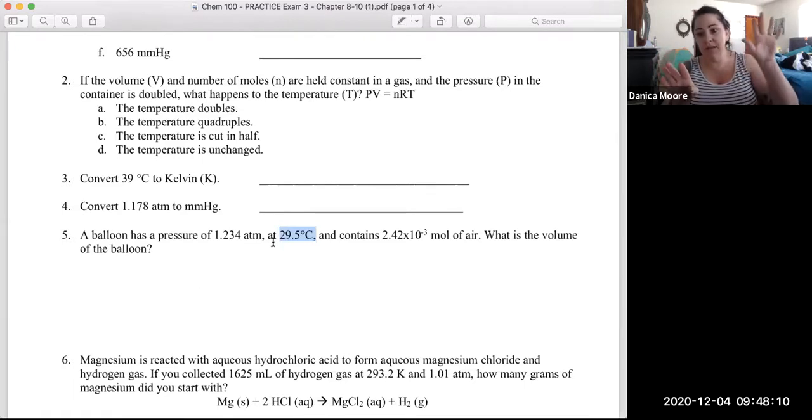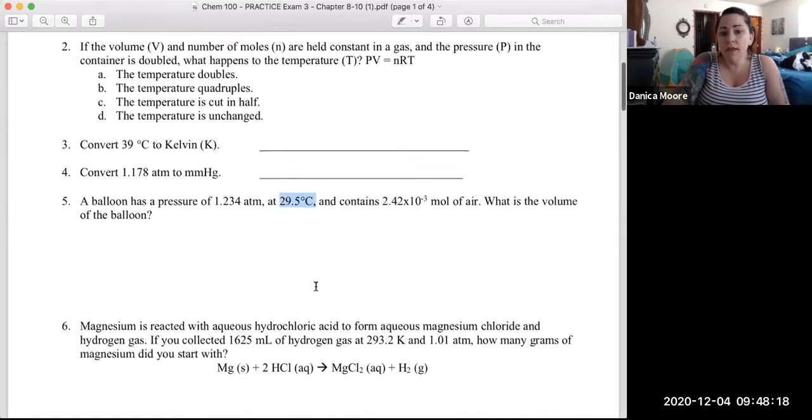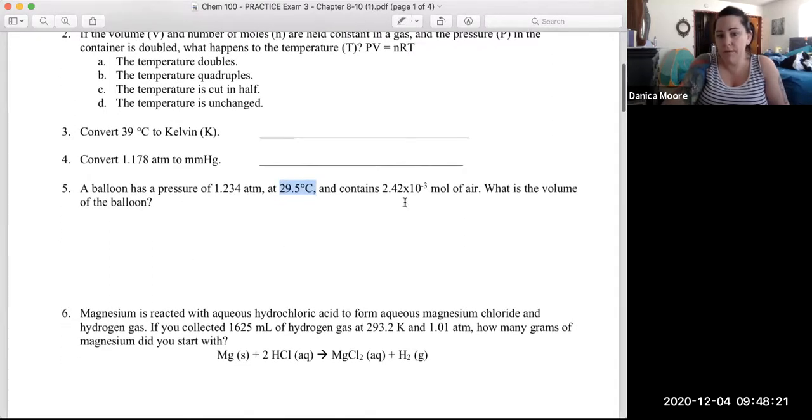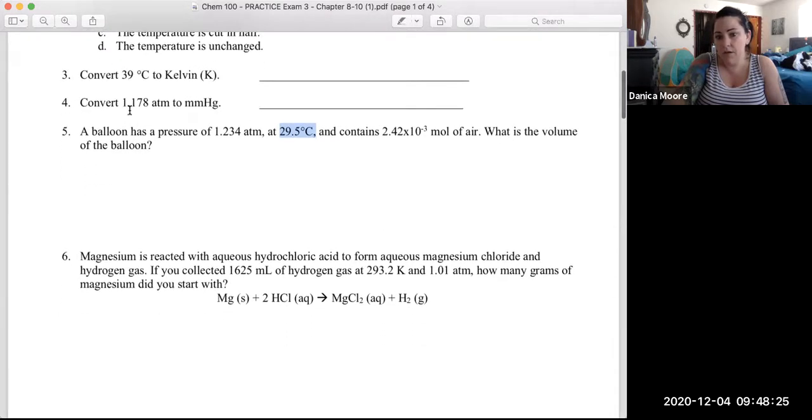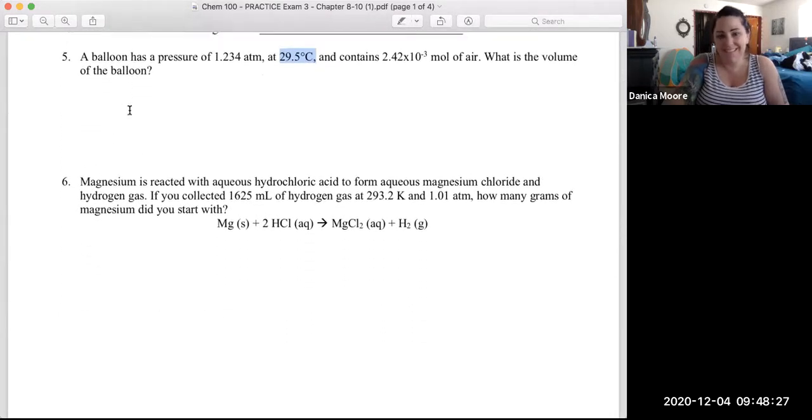And then you set the variables that are changing equal to each other. We'll go through a problem like that. Any other questions about gas law? We're all right for now.